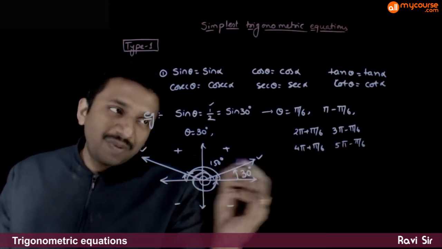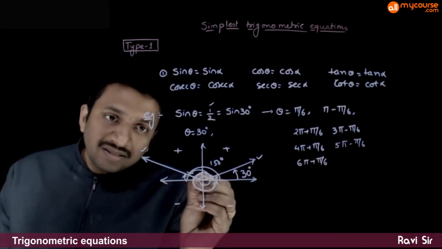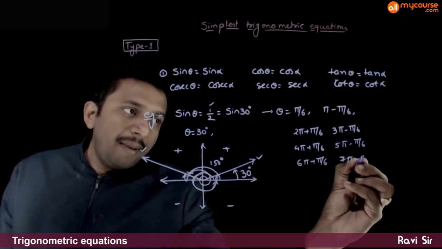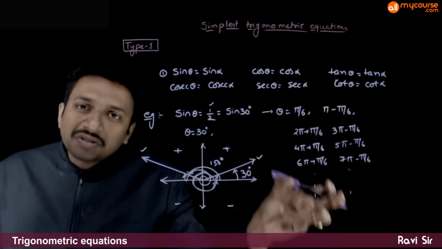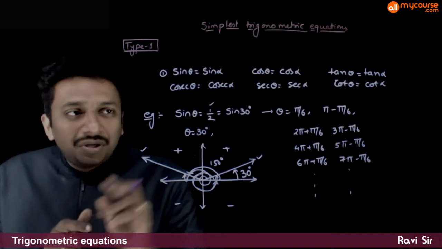Then 3 rotations plus pi by 6, 6 pi plus pi by 6, and 3.5 rotations minus pi by 6, 7 pi minus pi by 6, and so on. So these solutions go on. The set containing all these solutions is called the general solution of this equation.